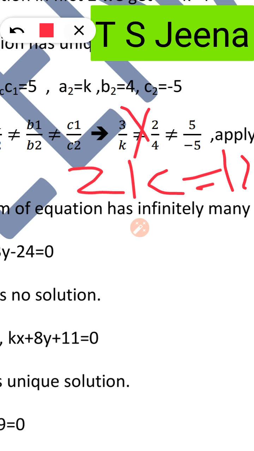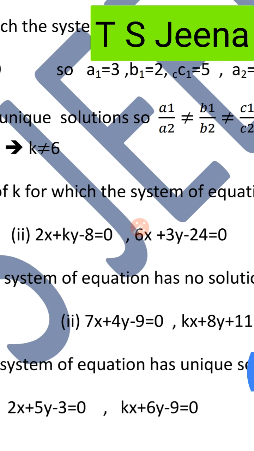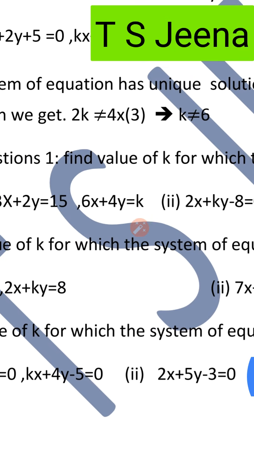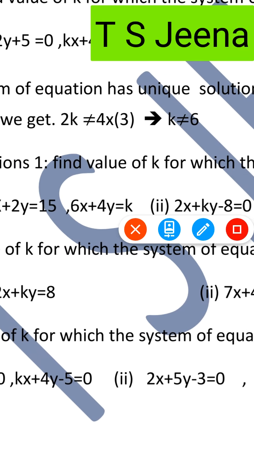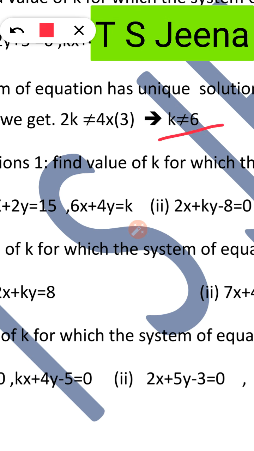So this gives you k is not 6. For k not equal to 6, there is a unique solution, and for the other value no unique solution exists. So you have to write only k not equal to 6.